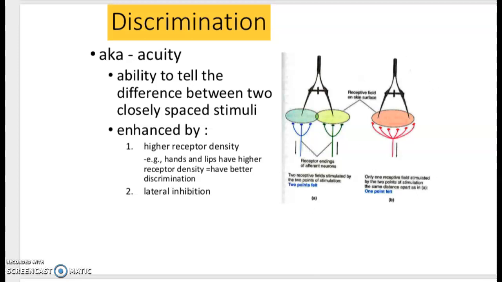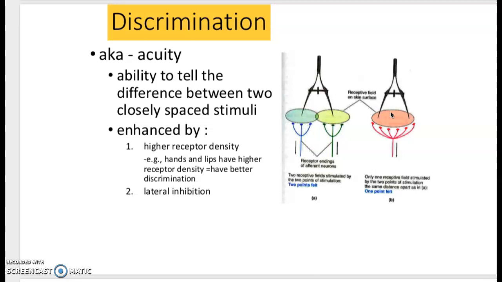If you look at this picture here, you can see two different stimuli, two little pokey things. But two different pokes are happening. Here, there are two different receptors with different neurons. So this signals to your brain as two pokes.